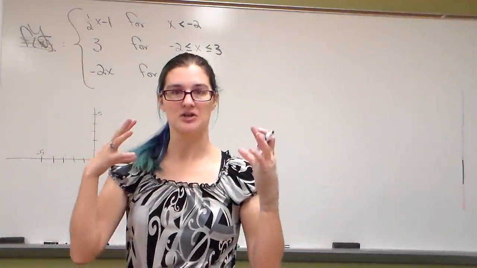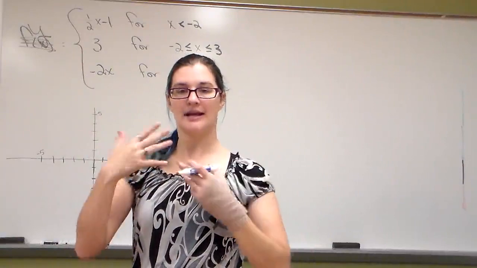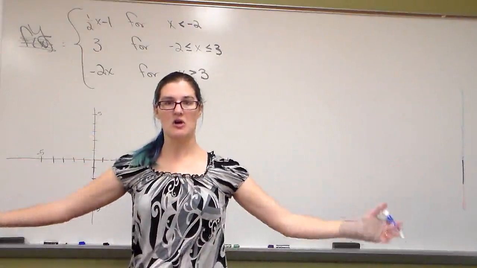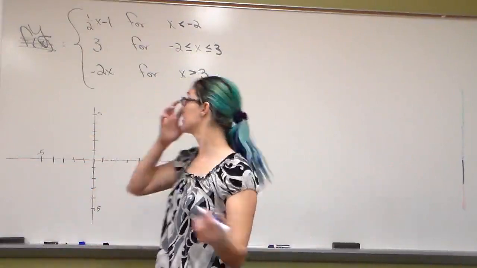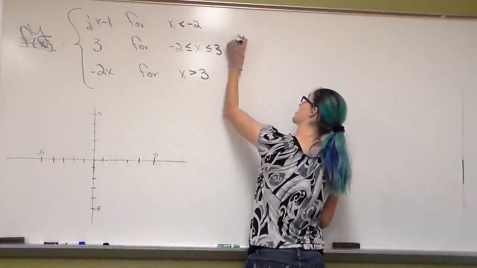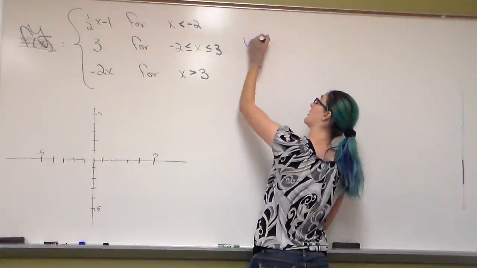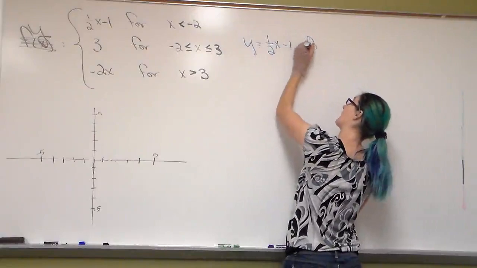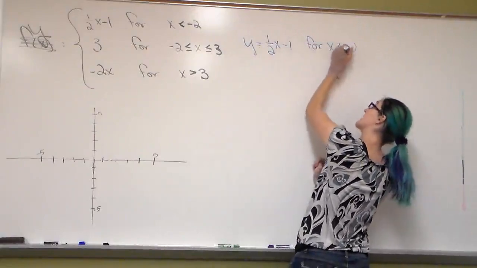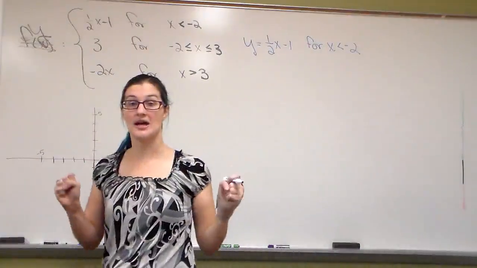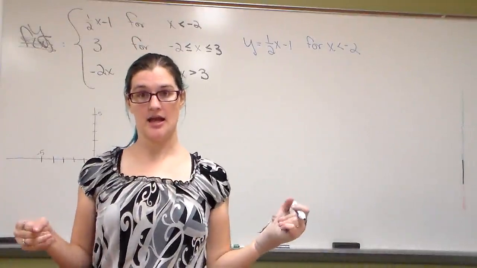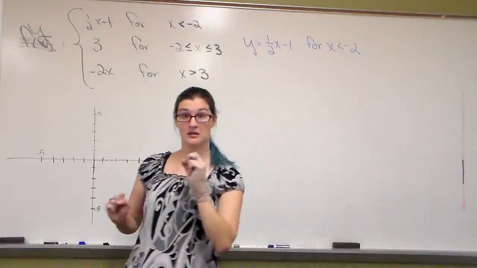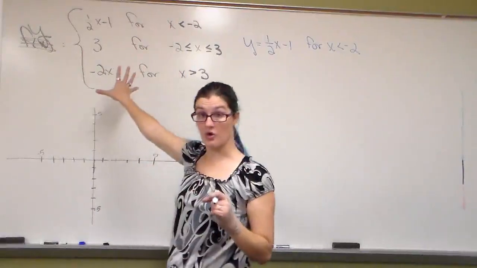It just allows our brain to relax a little bit and allows it to focus more on the bits rather than getting so overwhelmed by the huge project. So, first equation is y equals 1/2 x minus 1, and that is for x is less than -2. And I'm just trying to get that whole line away from the large bracket. That way our brain can see this, which is not too bad, instead of this, which is horrible.